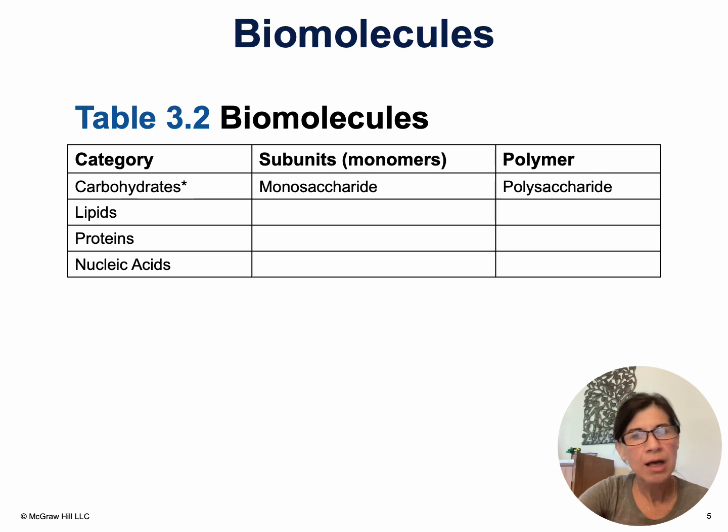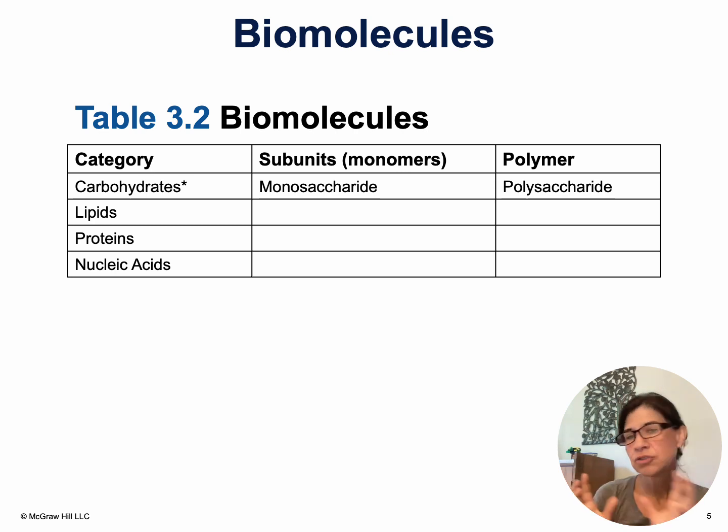This table I'll be bringing back every time we go through one of the biomolecules. So biomolecules, molecules of life that make up living things. These are the categories. Carbohydrates is the category of the biomolecule. Carbohydrates, just like the others, have the building block, the monomer, sometimes referred to as a subunit. For carbohydrates, the monomer is referred to as a monosaccharide.